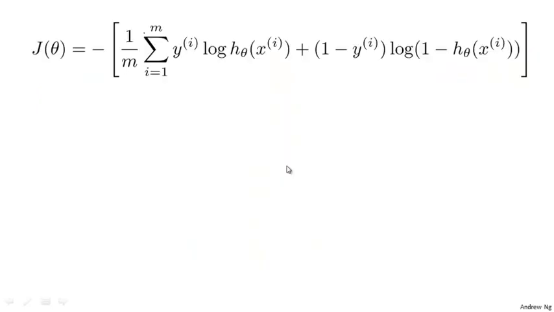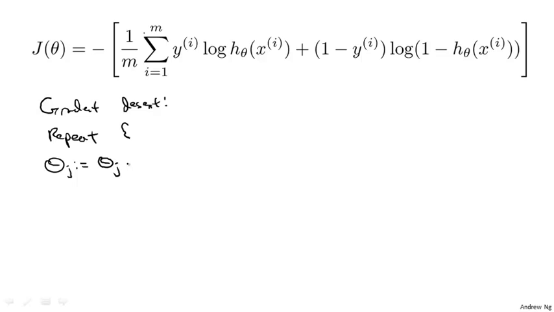This was the cost function that we had written out in the previous video. So if we want to apply gradient descent to minimize this as a function of theta, as usual, gradient descent would repeatedly update each parameter theta j as theta j minus alpha, the learning rate, times the partial derivative with respect to theta j of the cost function J of theta.